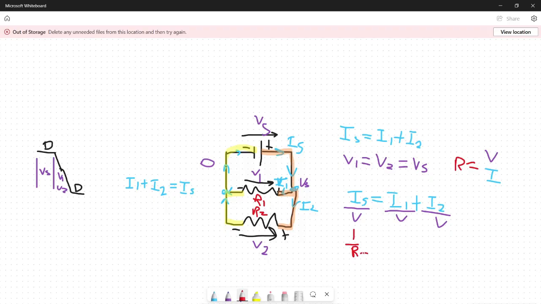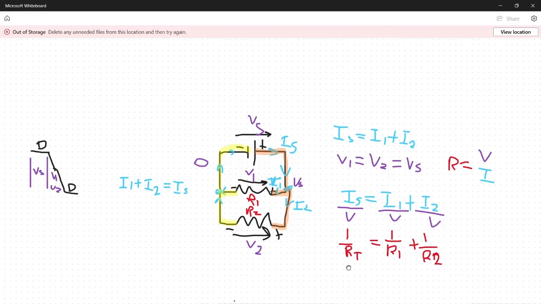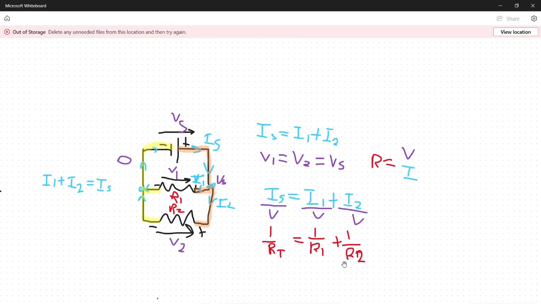And that'll be my total resistance, which is equal to 1 over R1 plus 1 over R2. So therefore, this will be our formula now for the total resistance of a parallel circuit.